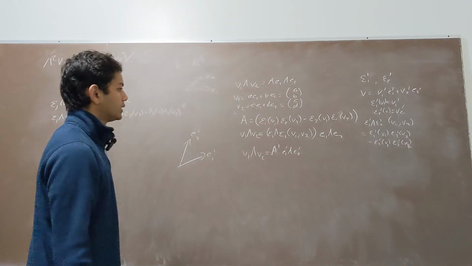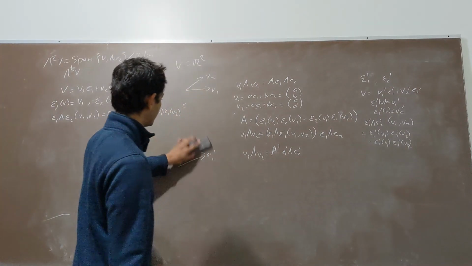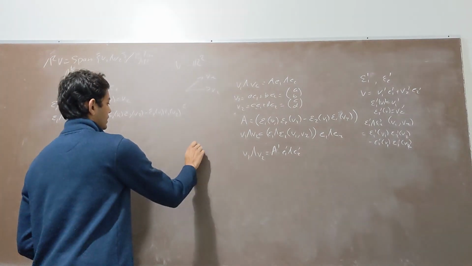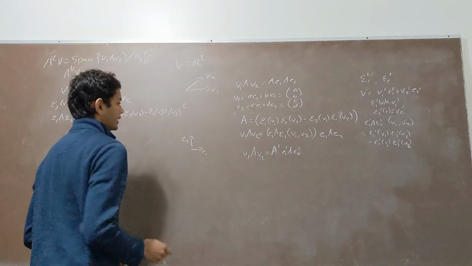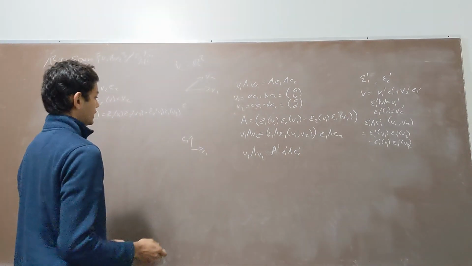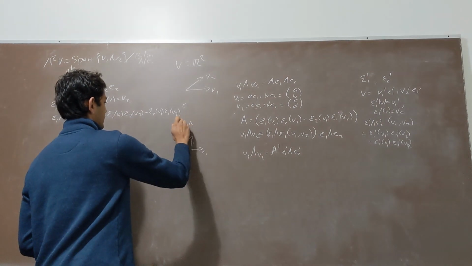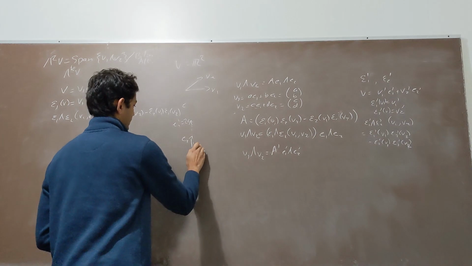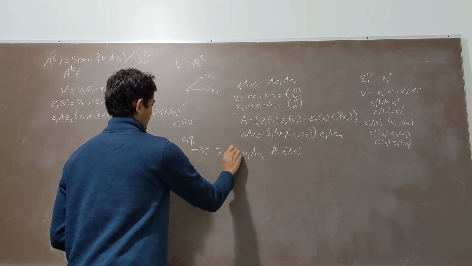Okay, so let's work this out in an example and see what we get. So let's say that we have our initial basis, E1 and E2. So now let's put a new basis. Let's say E2 prime is equal to 2 times E2, and E1 prime is equal to 3 times E1.